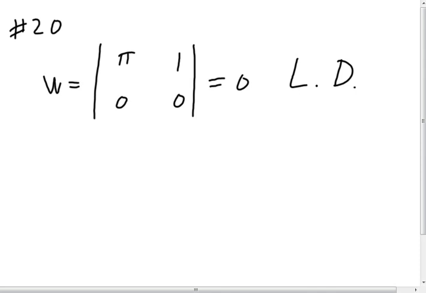I need to put cosine squared, sine squared there and do all that work? Oh, what a pain in the butt. All right, so I'll do that. Pi 0 cosine squared plus sine squared, so this will be 2.